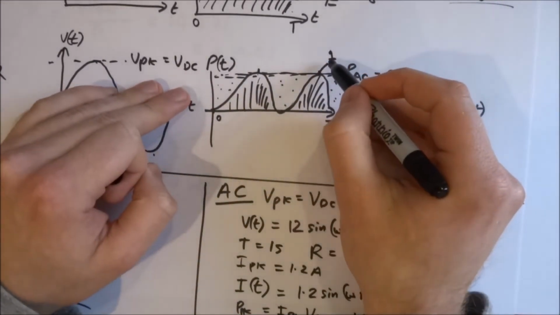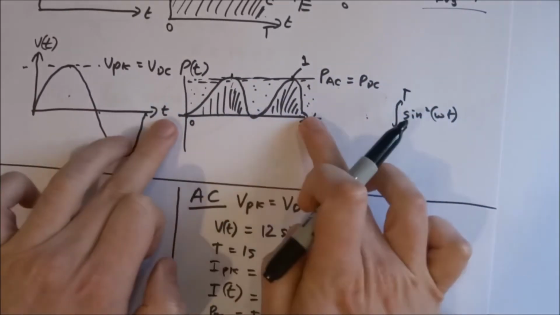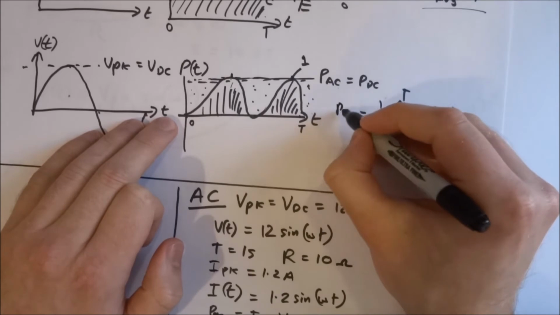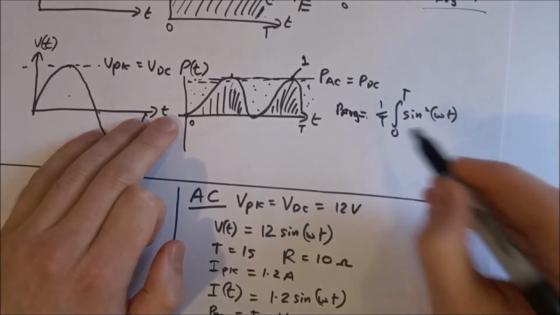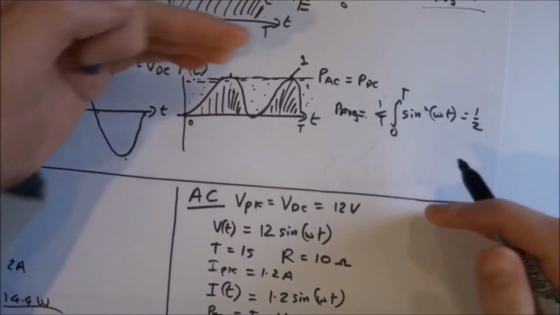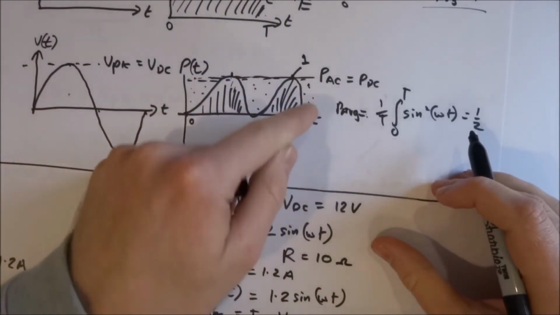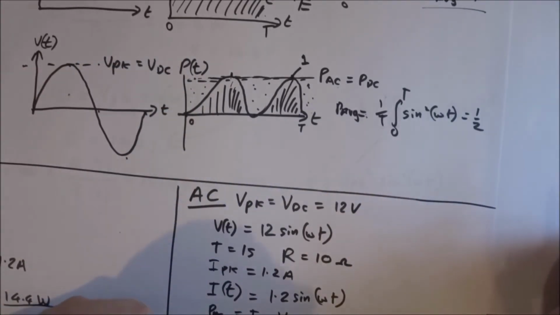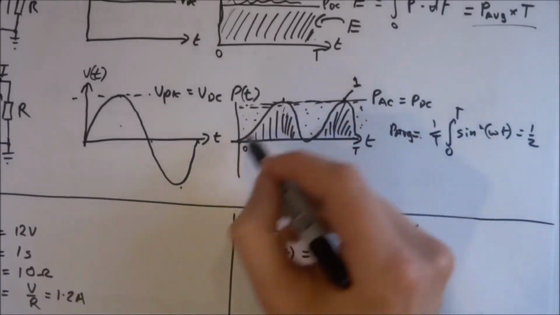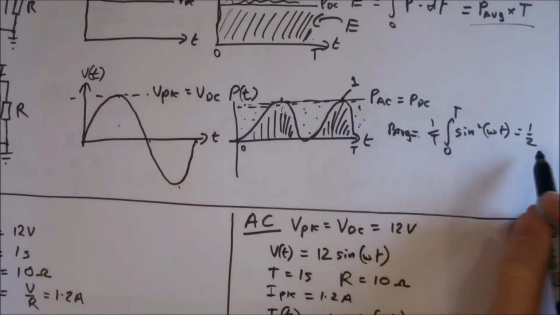If I take this waveform, integrate it over a time period and then divide out that time period, I've got the average power, P average. If the amplitude is 1, it's going to equal a half, because it averages to half of the peak amplitude, because it's a symmetrical waveform about 0.5. Even though I haven't drawn it as a symmetrical waveform, it is in fact. If you plot a sine squared function, it will come out as a symmetrical waveform between 0 and a maximum amplitude of 1, and the average comes out as a half.